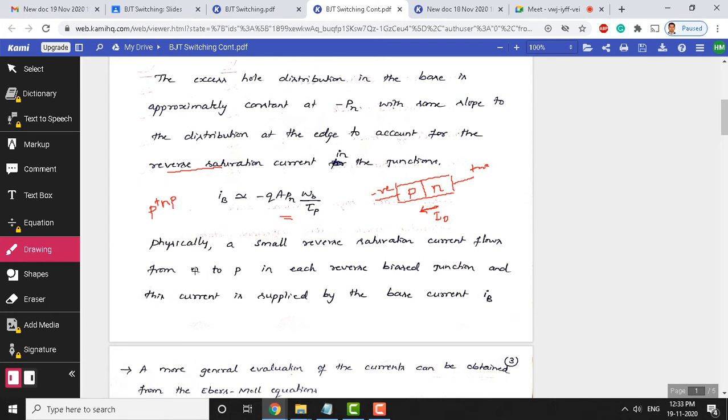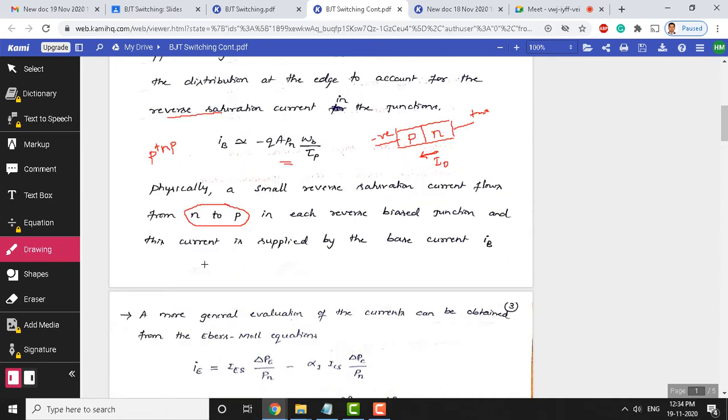In the P plus NP transistor, the base is of N type, so a small reverse saturation current flows from base to the emitter. Of course, this current should be supplied by the base terminal as an input.